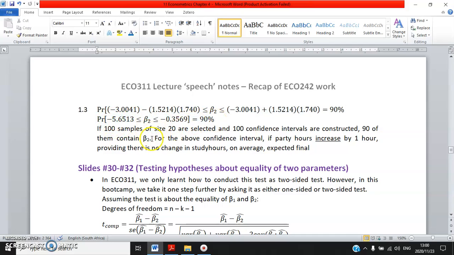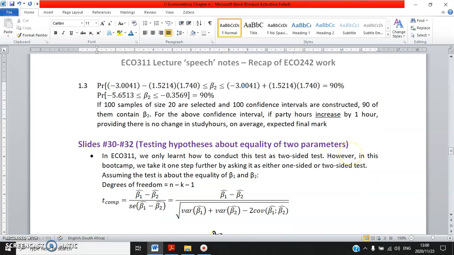So interpretation: if 100 samples of 20 are selected and 100 confidence intervals are constructed, 90 of them contain the true B2. Focusing on the above confidence interval, it means when my X2 party hours increase by 1 unit or 1 hour, and then ceteris paribus condition, providing there's no change in my X1 study hours, then on average, expected final mark, why do the text, are the text missing?